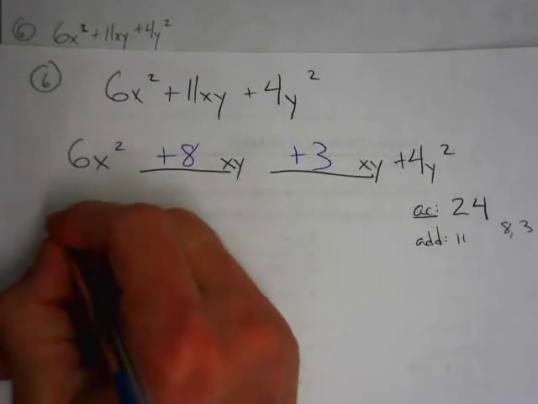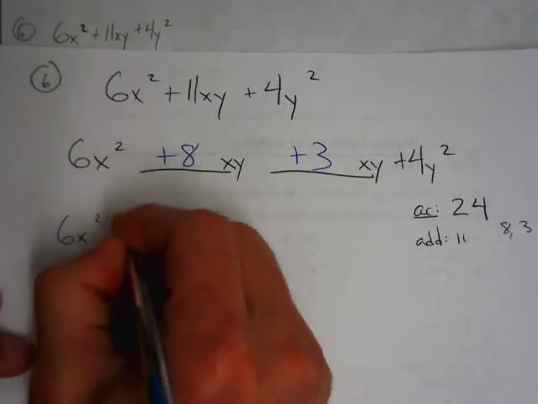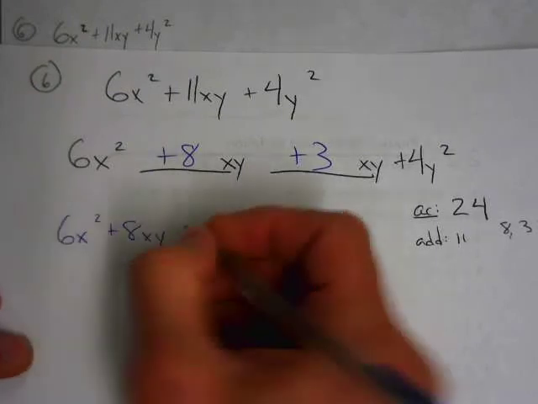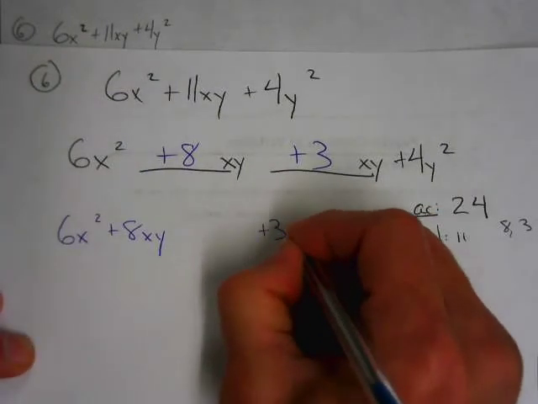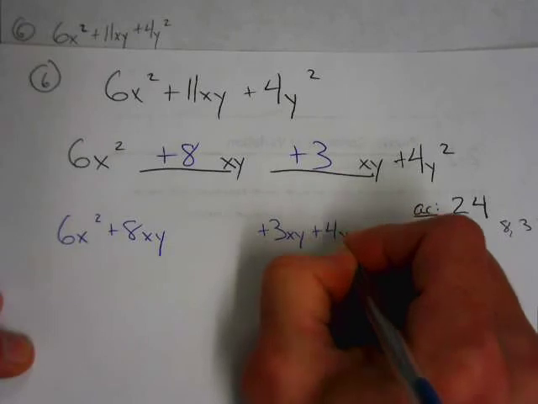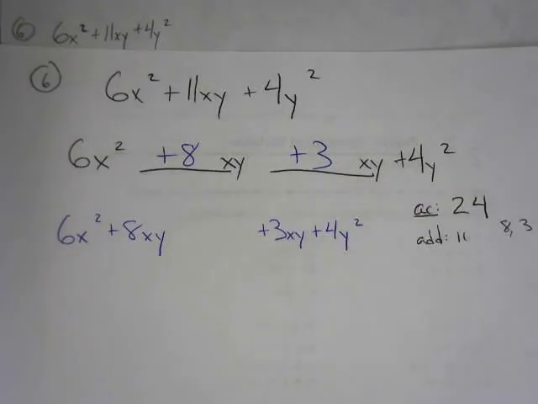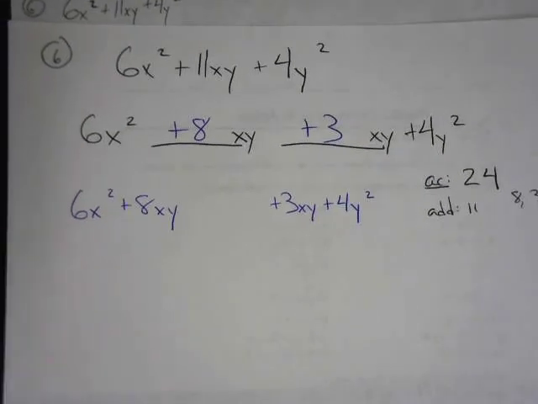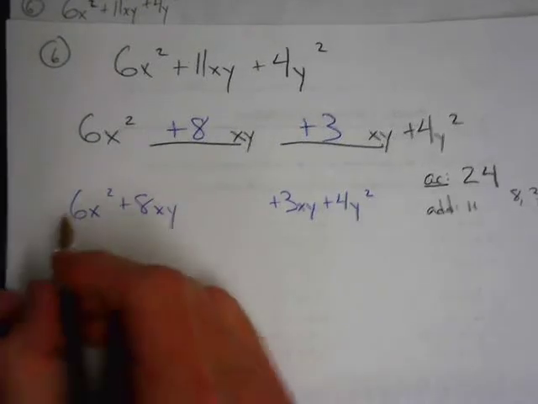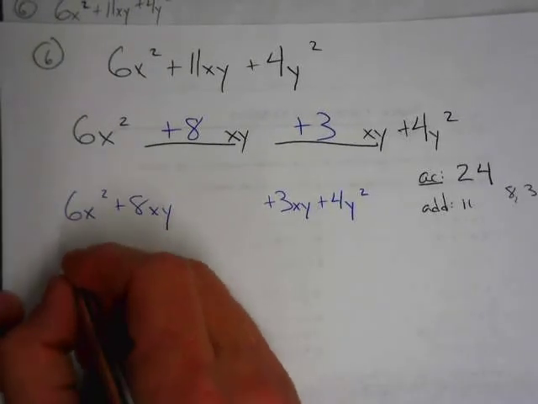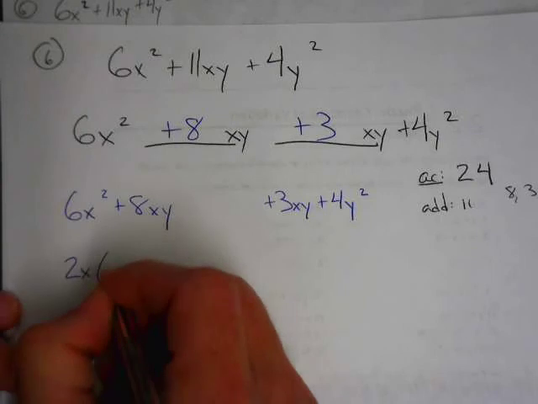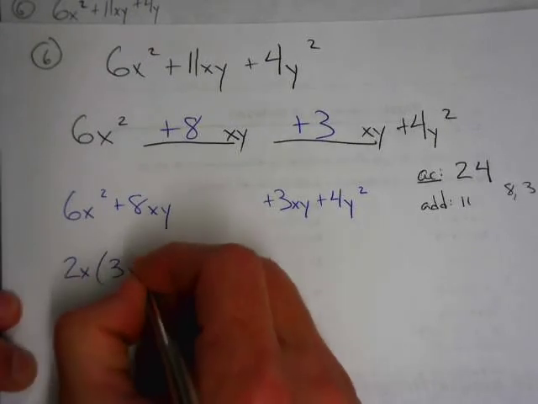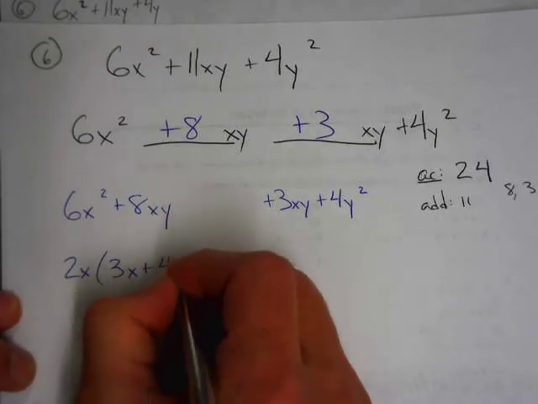All right, so our first group, 6x squared plus 8xy, and our second group, plus 3xy plus 4y squared, and we look for the greatest common factor. The greatest common factor in our first set of numbers is going to be 2x, and if I factor that out, I'm left with 3x plus 4y.